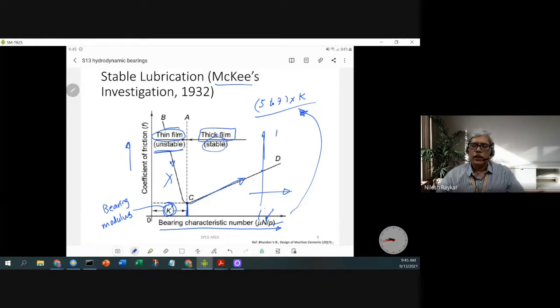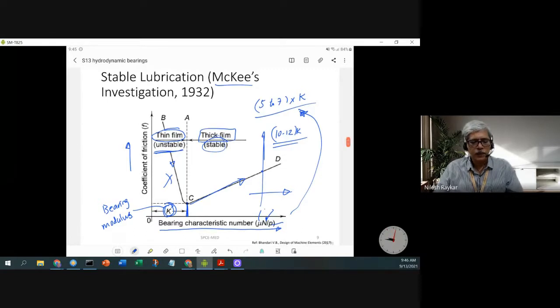In that case about 10 to 12 times K is the characteristic number where you operate in order to get a properly working hydrodynamic bearing. Okay, so that is the background based on which the further study for the design of hydrodynamic bearing is done. So we'll look into the further part of the design.